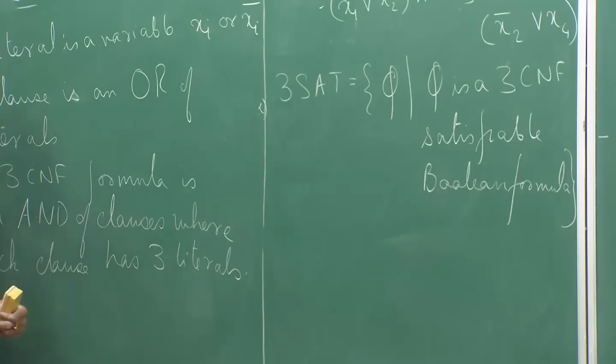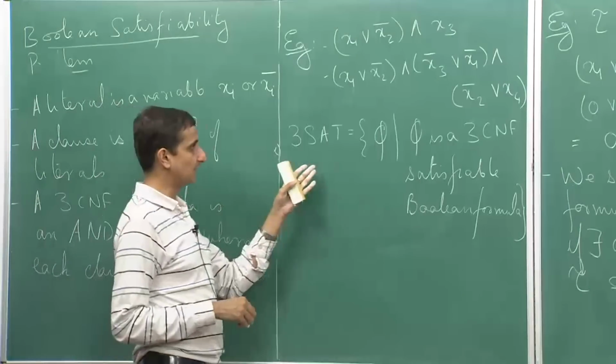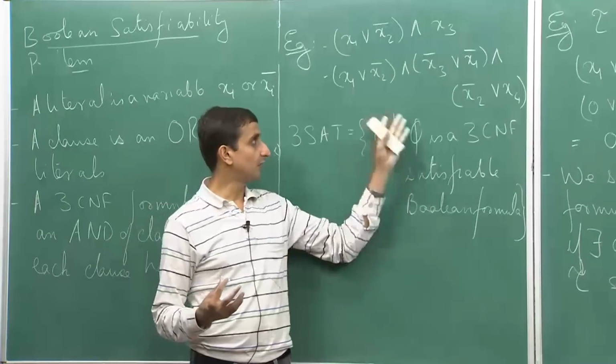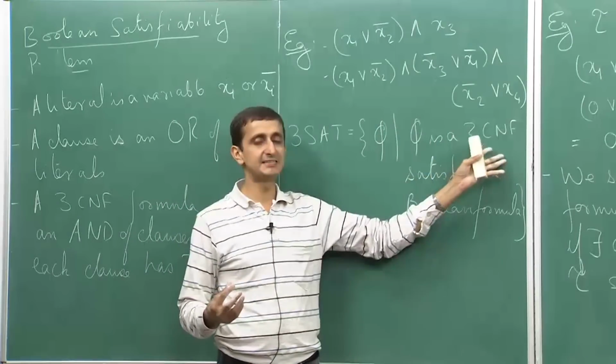So, this is a variant of satisfiability where the Boolean formula is restricted to be a formula which has this particular form, a 3 CNF form.